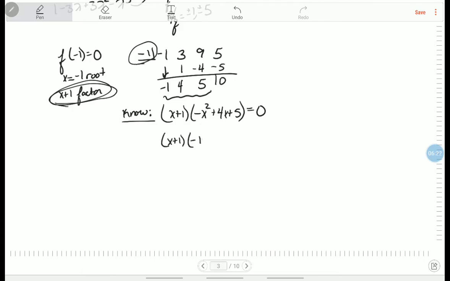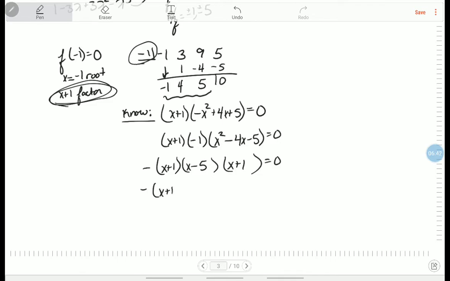If we factor a -1 out of that, that's going to leave us with x² - 4x - 5. And that factors into (x - 5)(x + 1). So we have (x + 1)² times (x - 5) equal to 0.